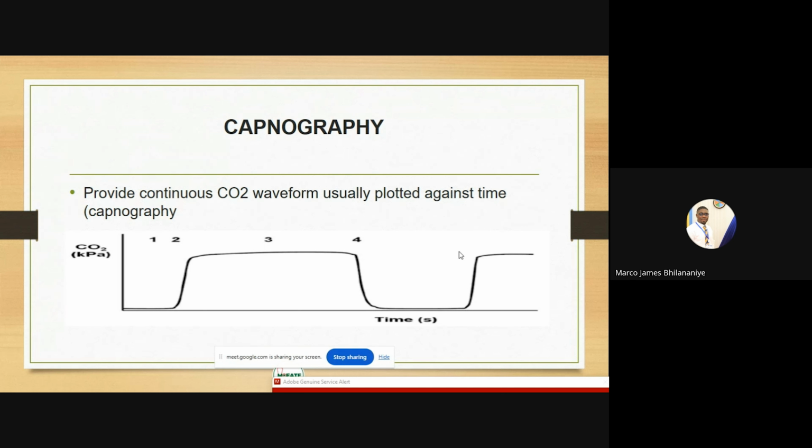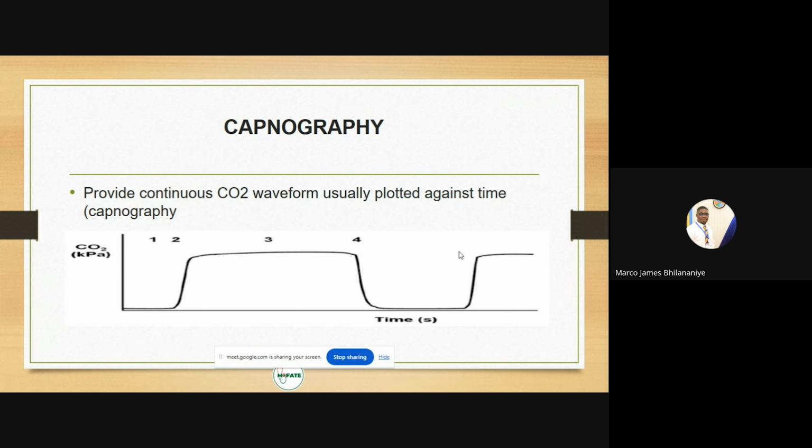Phase 2 indicates the initial expiration, where the carbon dioxide is starting to build in the sampling line. And phase 3 shows the plateau phase, the maximum expiration. So you detect the maximum amount of carbon dioxide during the course of expiration. And phase 4, this is a peak.